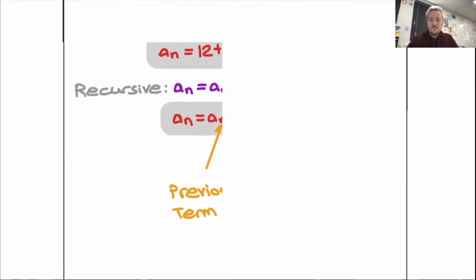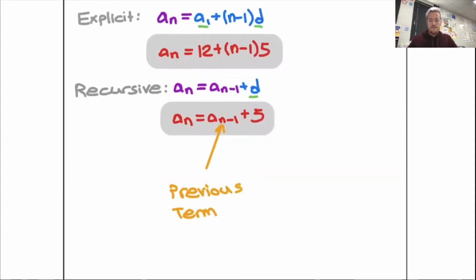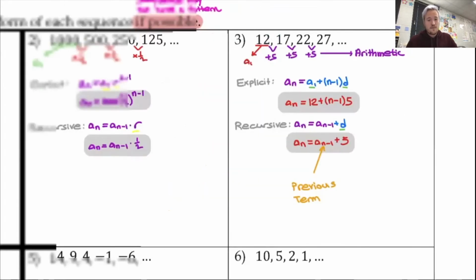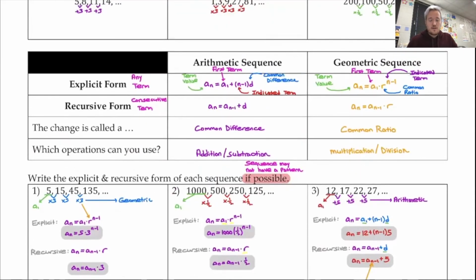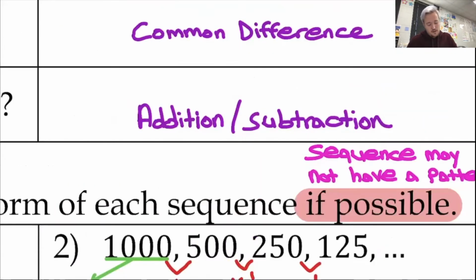So if you're looking for A4, the fourth term, you're going to use A3. If you're looking for, say, A15, the 15th term, then you're going to use A14, the 14th term. You have to use the previous term in order to find the consecutive term or the next term. So just throwing that out there just in case, because I don't think I said that up here. So let's go ahead and put that up here.